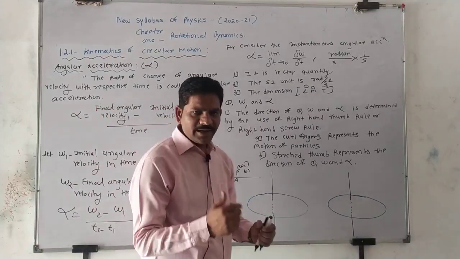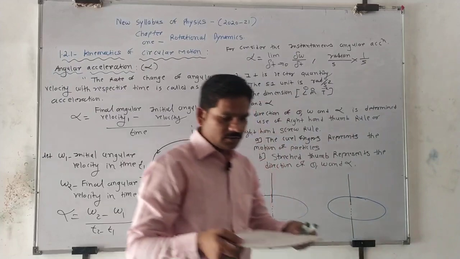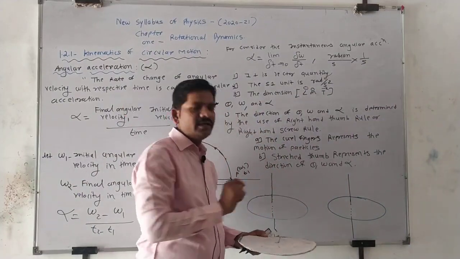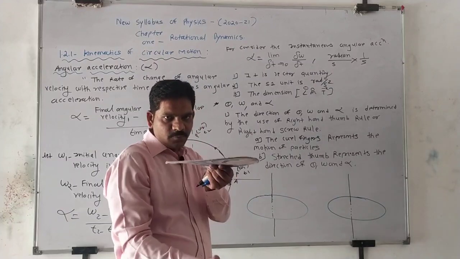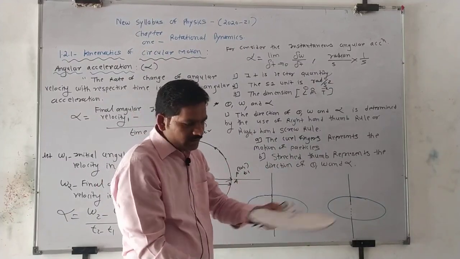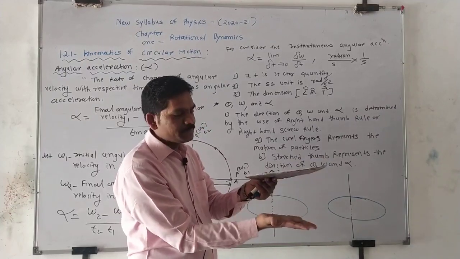So in the right hand thumb rule, I draw such a type of circle. If you observe it in front of you, it looks like an ellipse, right? This is the position of the circle placed in a horizontal plane, a two dimensional plane.